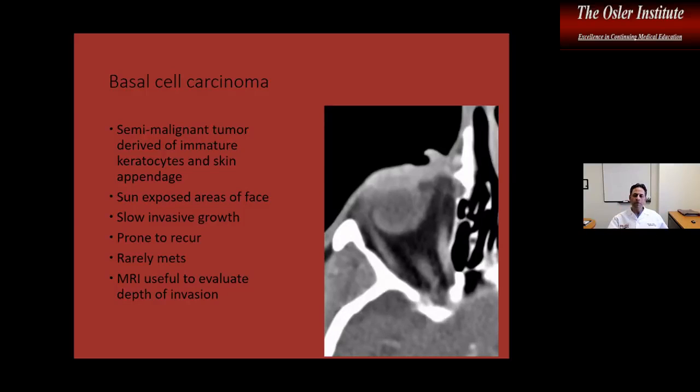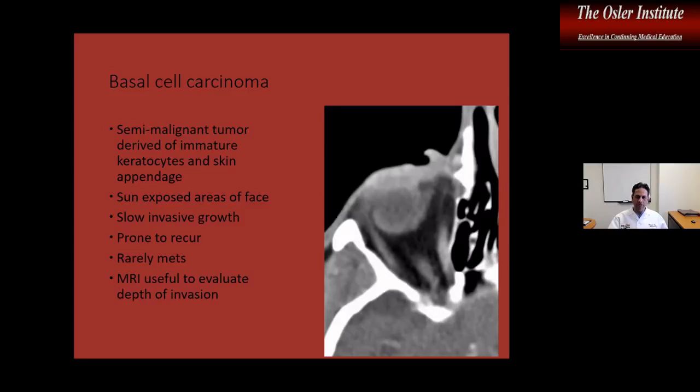Now, what do we do for a basal cell on the margin of the eyelid? You want to do a wedge resection and get around it, but as long as you have some clear histology around it, it's fine. You don't have to go 5 millimeters away or 10 or whatever it might be. So usually we do a wedge resection.